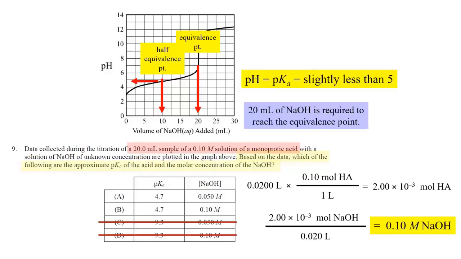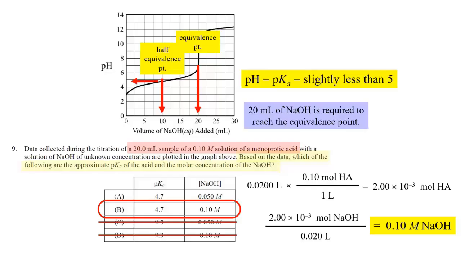Now you'll notice that I get an answer for the concentration of sodium hydroxide that is actually the same as the concentration of the monoprotic acid. So same volume, same concentration. 20 milliliters of acid, 0.10 molar. 20 milliliters of sodium hydroxide required to reach the equivalence point, same concentration, 0.10 molar.